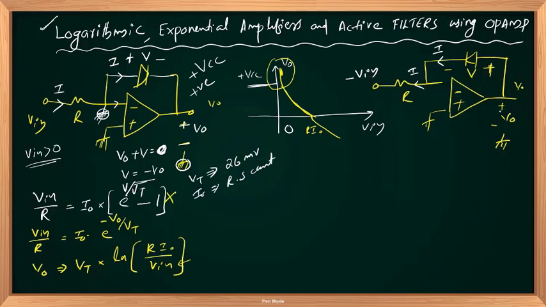As discussed earlier, if V in value is negative, minus V in will be positive. So the inverting input is positive, non-inverting is grounded. So the output goes to minus VCC and the diode turns off. So when V in is negative, you will have a minus VCC compared to the case.